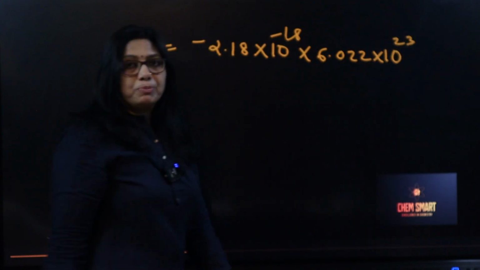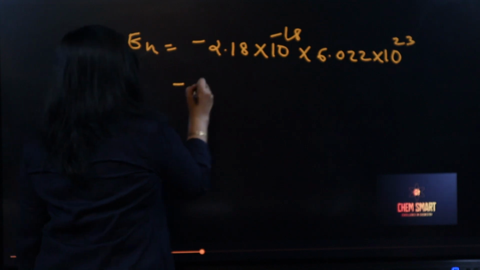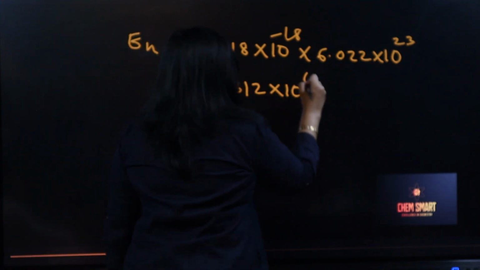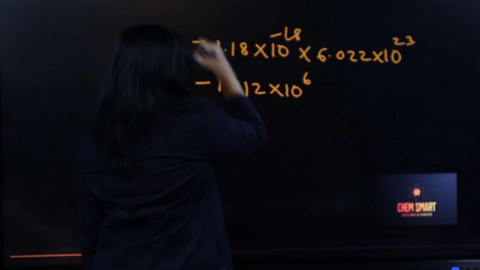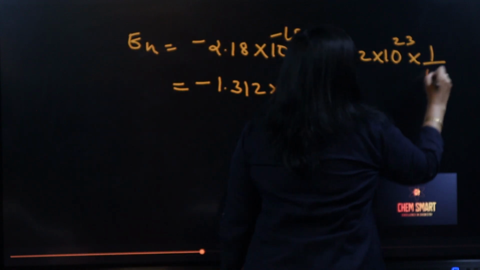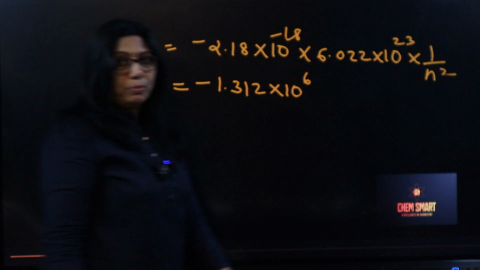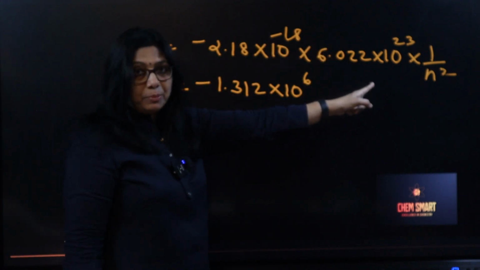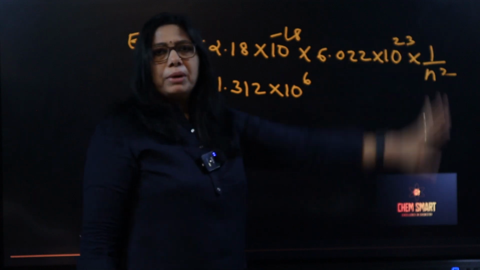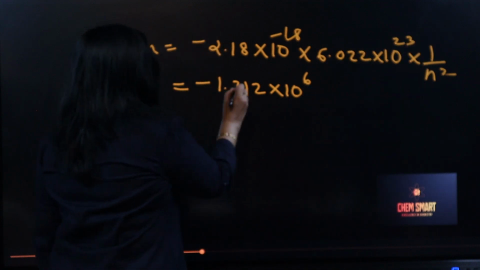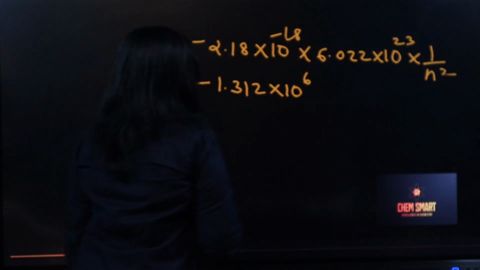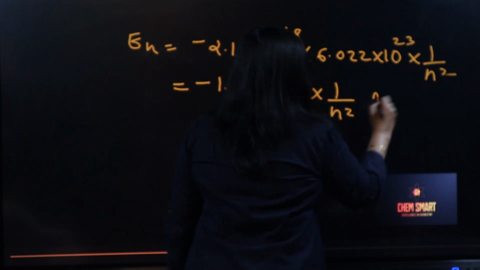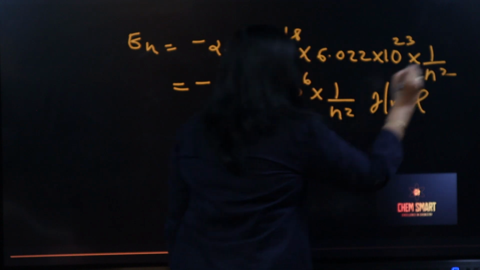Now it will become joules per mole. Then you get minus 1.312 into 10 raised to 6 into 1 by n square joules per mole.